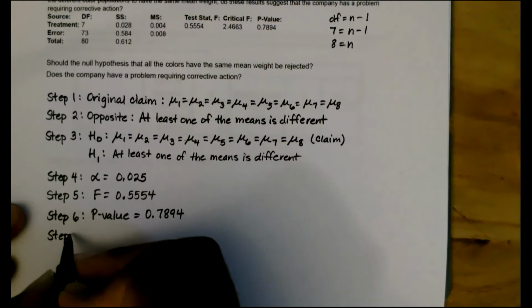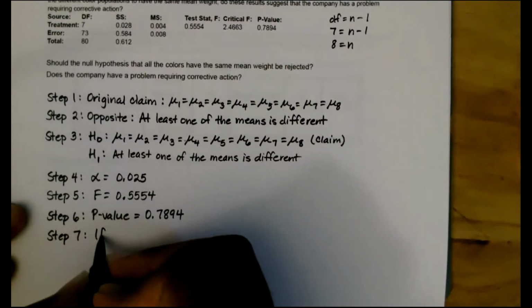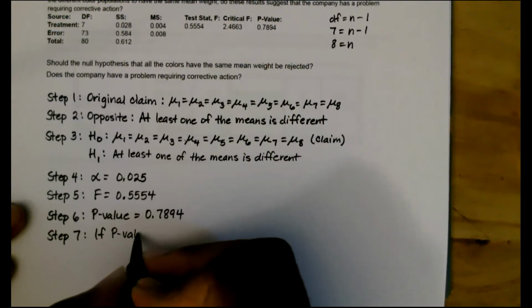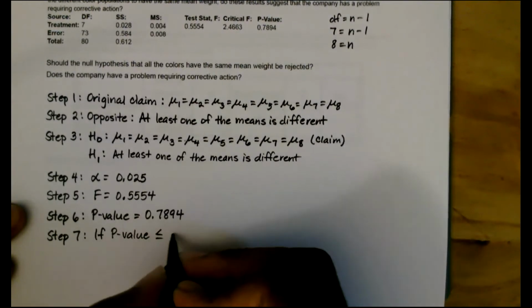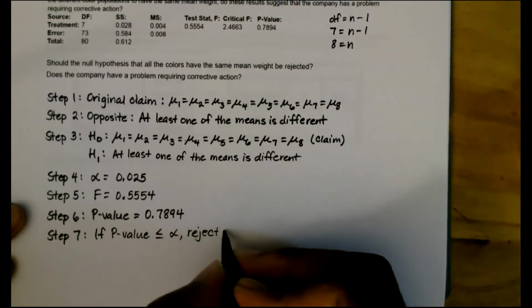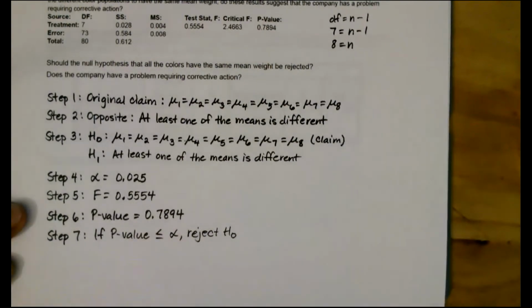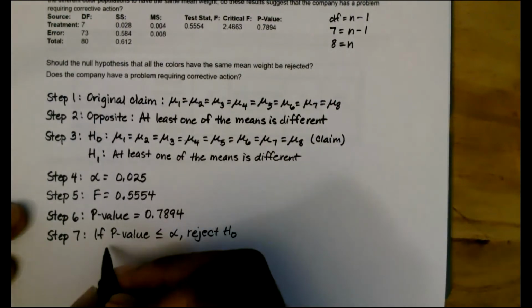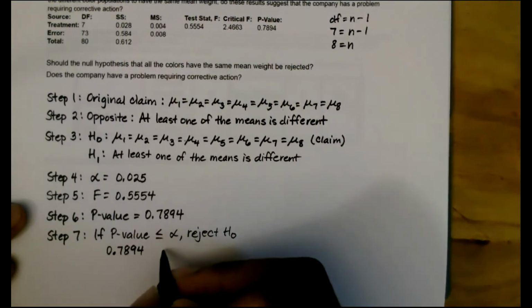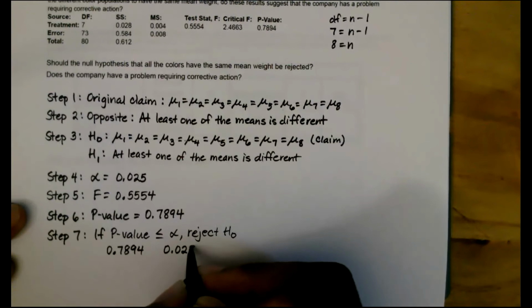And then step number 7 is our decision rule. If the p-value is less than or equal to alpha, you're going to reject the null hypothesis. In this case, our p-value was 0.7894 and the alpha level is 0.025.